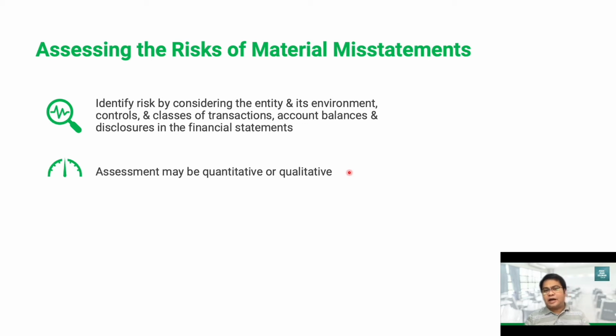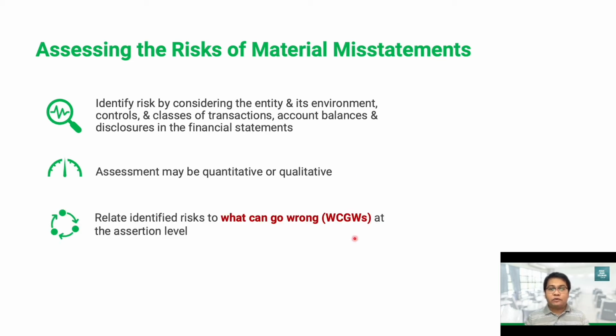And then after identifying the risks in the financial statements of our client, we relate them to what can go wrong at the assertion level. Meaning to say, how could this risk translate to misstatements in the financial statements? For example, let's say there is a risk of the client not evaluating their credit customers properly or appropriately.